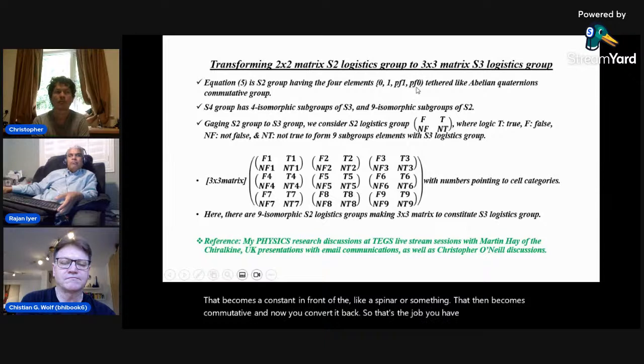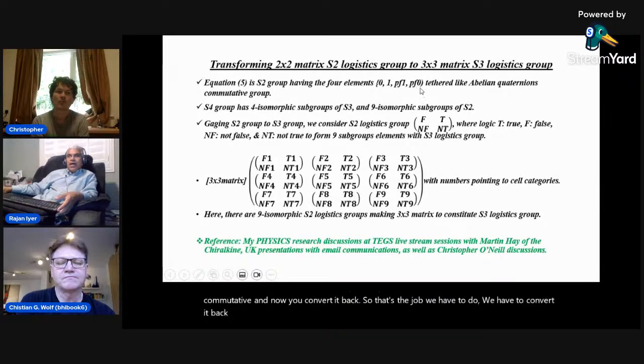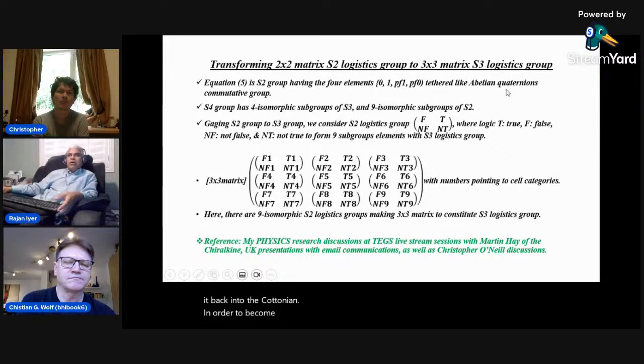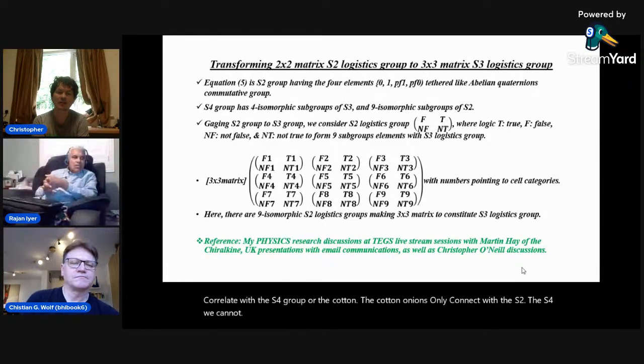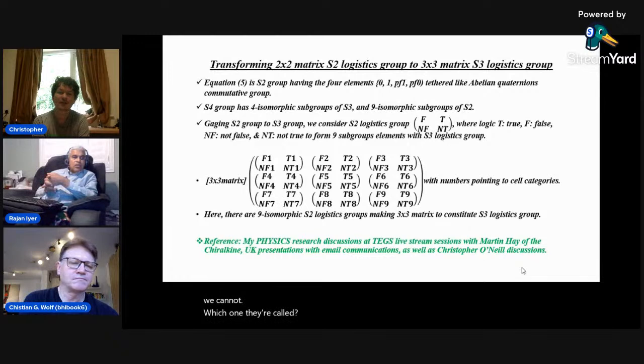We have to convert it back into the quaternion in order to correlate with the S4 group or the quaternion. The quaternions only connect with the S4. Well, that's what I'm saying. It looks like they don't connect with S2, because they're non-commutative. The quaternions? Yeah, that's the point I'm making.